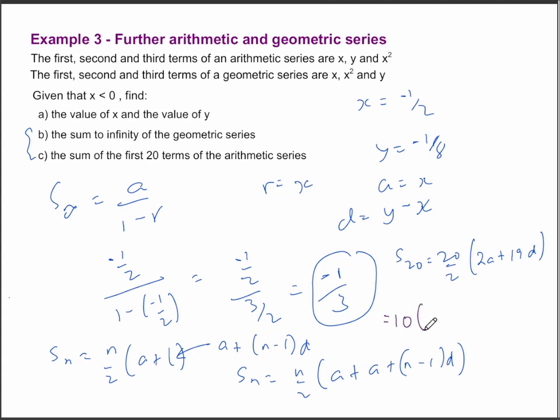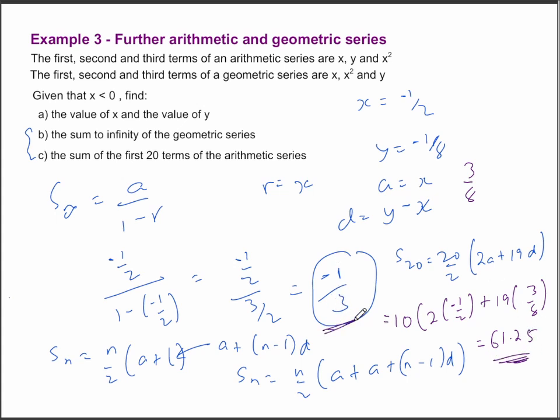That will become 10 times 2 times a, where a is just x, so 2 times negative a half, plus 19 times d, which is just y minus x, which is negative 1 over 8 minus negative a half, which is negative 1 over 8 plus a half, which is just going to be 3 over 8. So plus 19 times 3 over 8, and that is going to give you 61.25. So that is going to be the sum of the first 20 terms.